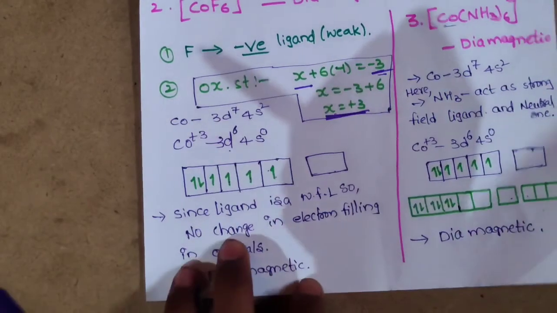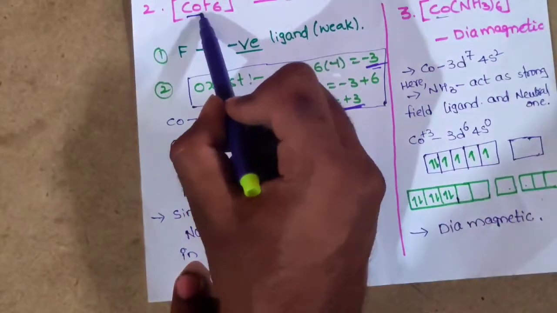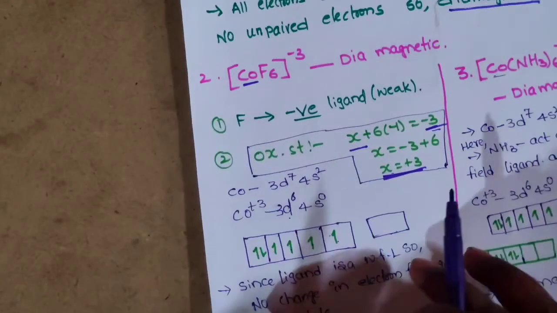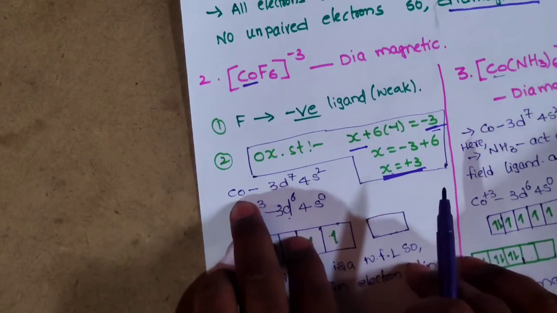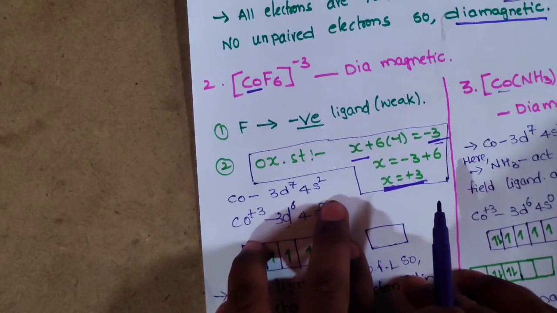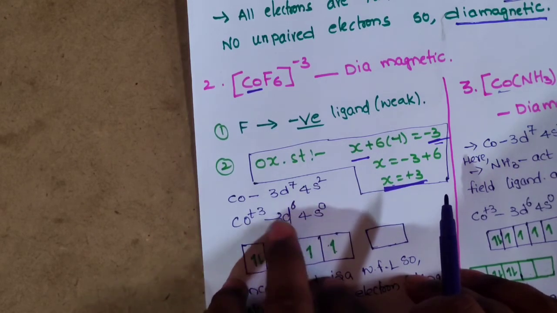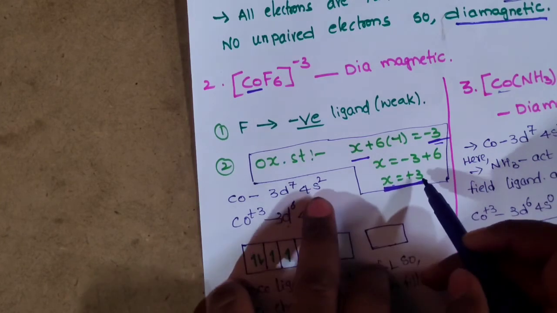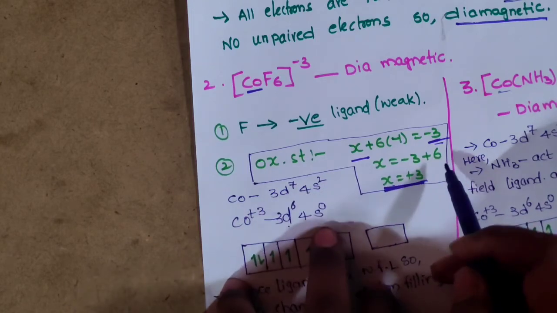So the oxidation state on this cobalt is +3. When cobalt is in neutral form, the electronic configuration is 3d7 4s2, but when it becomes +3, it becomes 3d6 4s0, because it loses 3 electrons from the 4s and 3d orbitals.